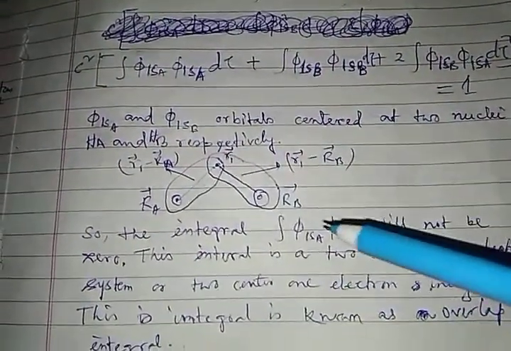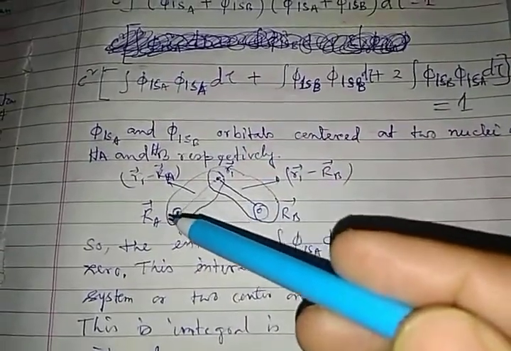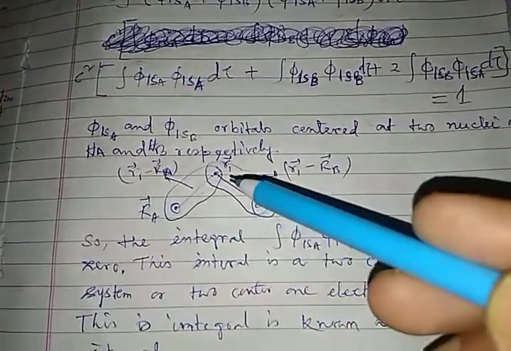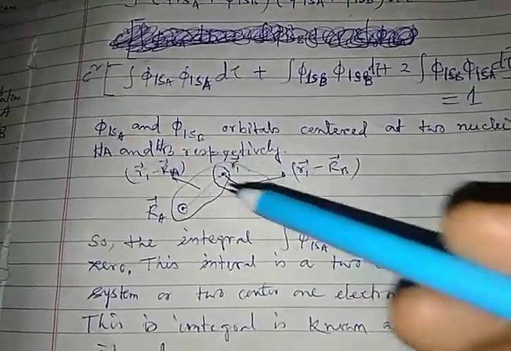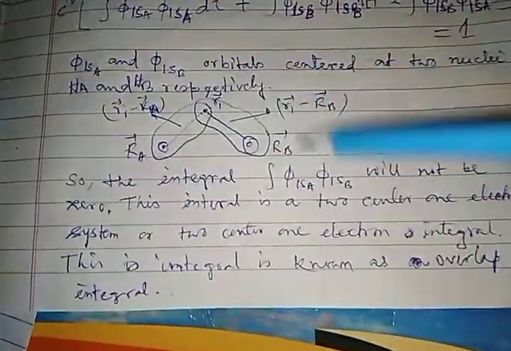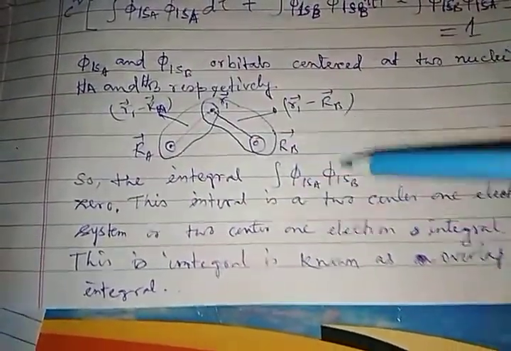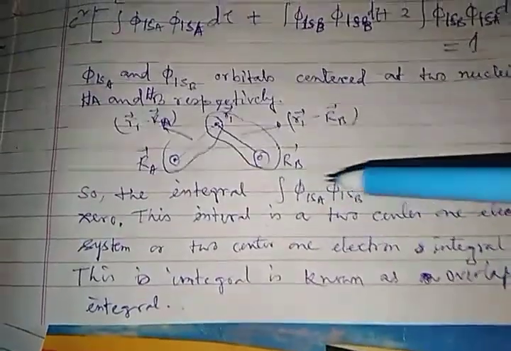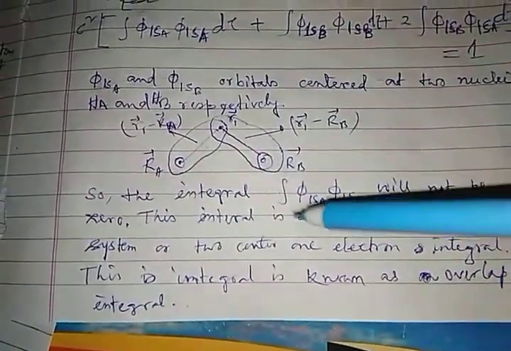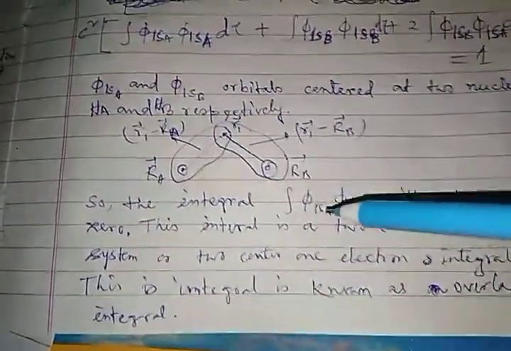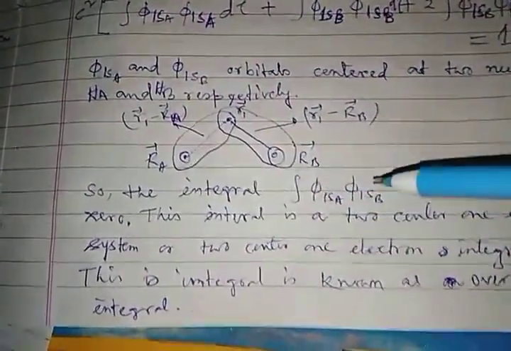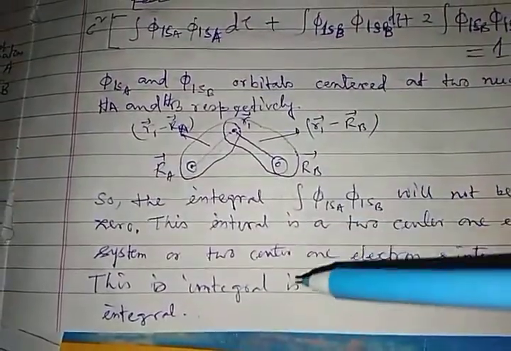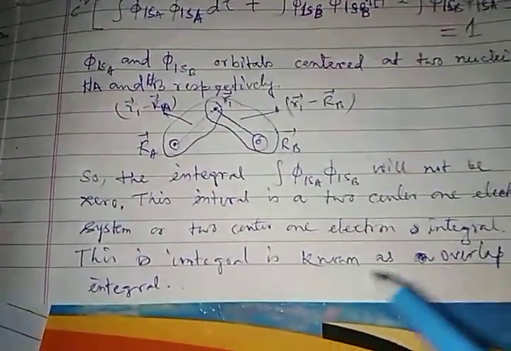This integral contains two nuclear centers and one electron, two centers sharing one common electron. So this integral will not vanish, and they will not be orthogonal. They will have some value.